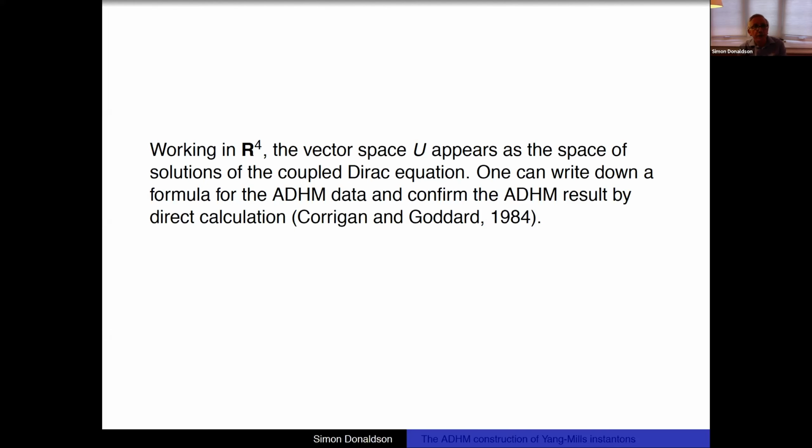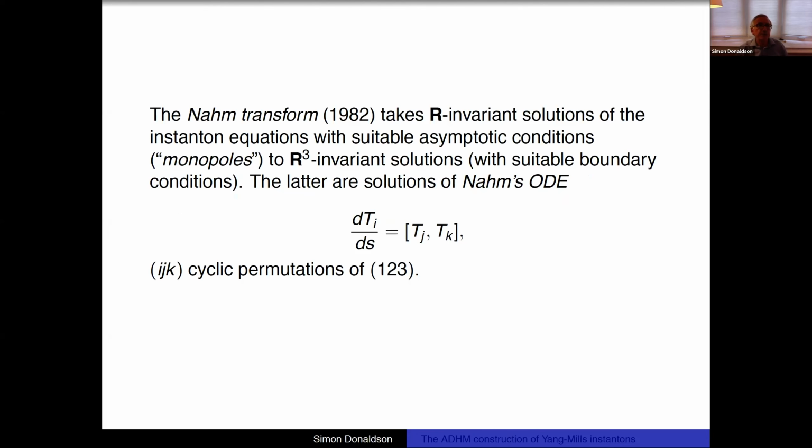I have this vector space. We have to find ways of writing down these linear maps and directly confirm the ADHM result just by differential geometric calculations on R4. And this was done first by Corrigan and Goddard in the early 80s.